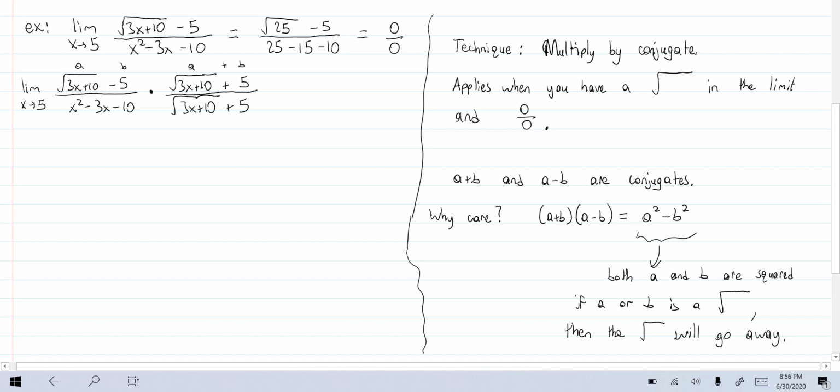What's nice about this is when I now multiply these two fractions together, when I multiply a minus b with a plus b, I know it's going to be a squared minus b squared. A has a square root in it, but when I multiply by the conjugate, I get an a squared, which gets rid of that square root.